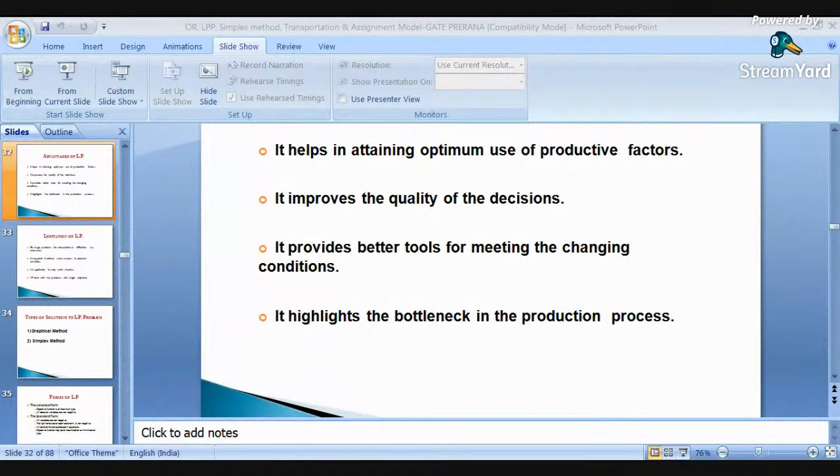A slack variable contributes nothing to the objective function value. A surplus variable is a variable subtracted from a greater than or equal to constraint to convert it into an equation. A surplus variable represents an excess above a constraint requirement level. Surplus variables contribute nothing to the objective function.